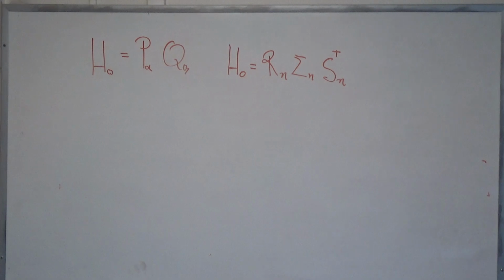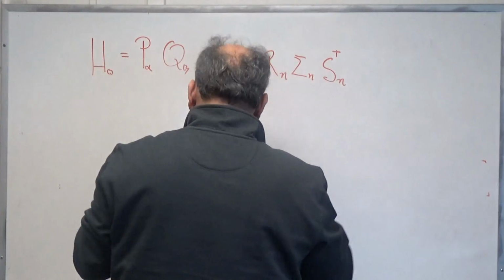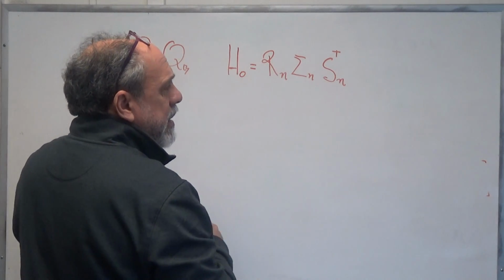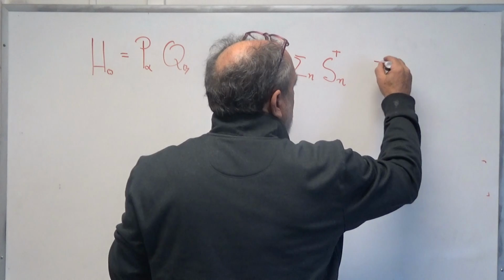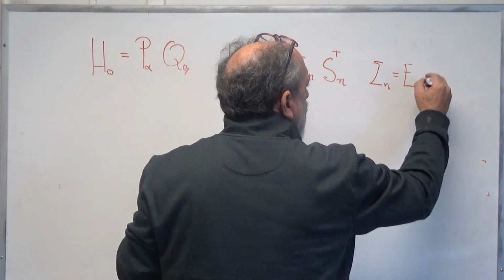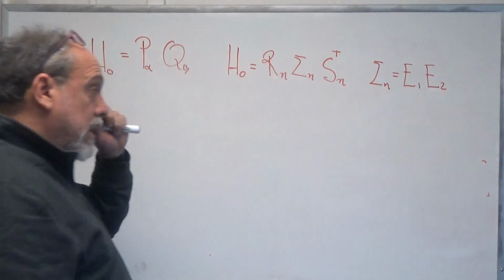Okay? Now at this stage, we do the following. We say, well, let's write the singular values sigma n, which is a square matrix, as the product of two matrices, E1 and E2. These are two diagonal matrices.